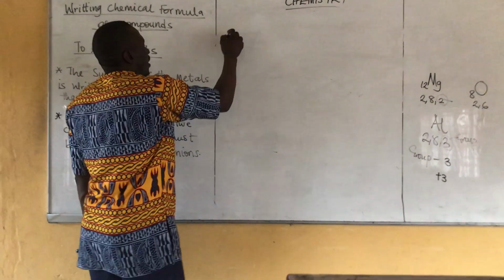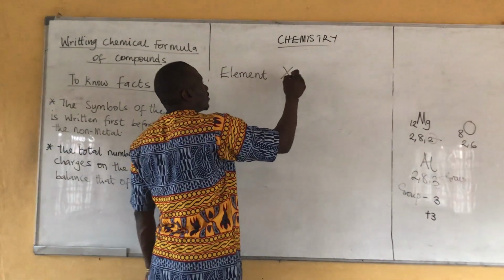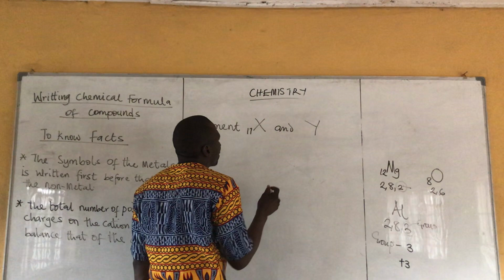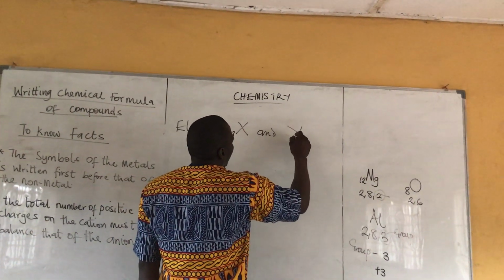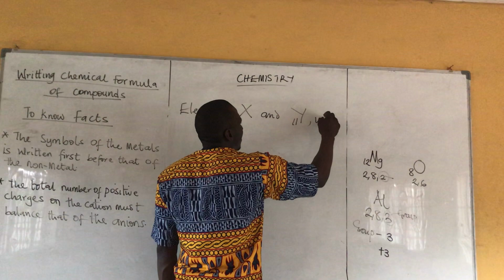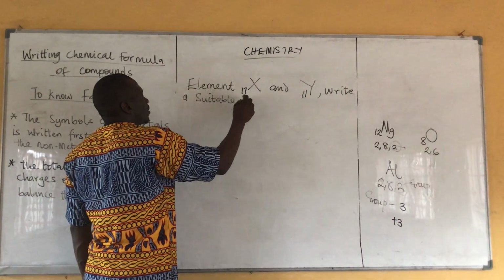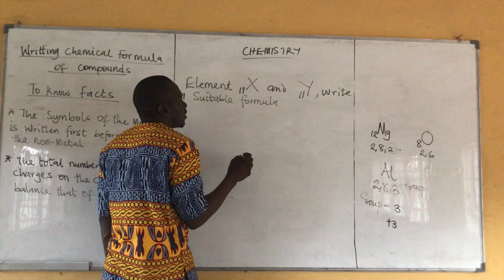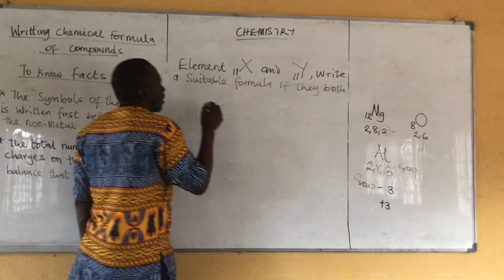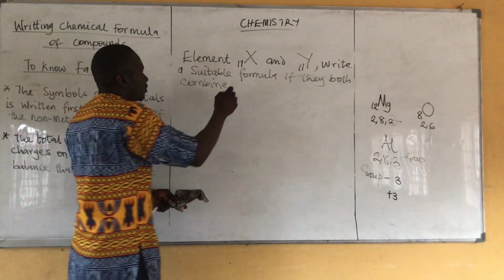They will say: element X is 17 and Y is 11, write a suitable formula if they both combine.